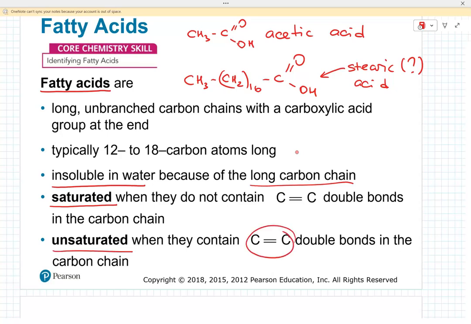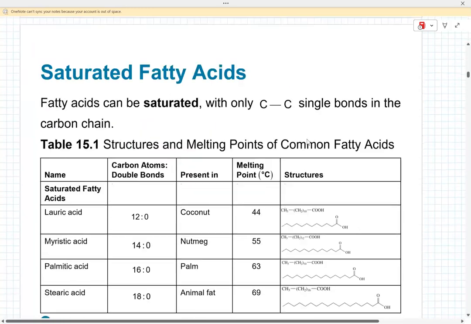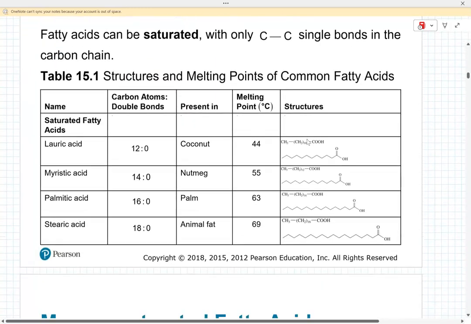When there is one or more double bonds, it is unsaturated. We good so far? Let me know if I need to slow down. Okay, yeah, I was right. 18 carbon atoms.